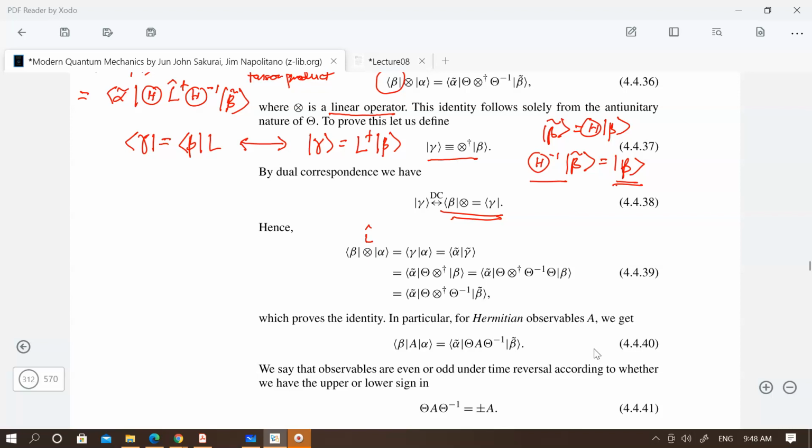Your gamma tilde will be involving your time reversal operator, coming from the definition of gamma tilde. So we'll get that. Remember that this is L dagger.